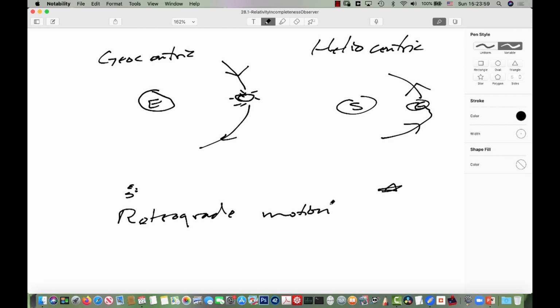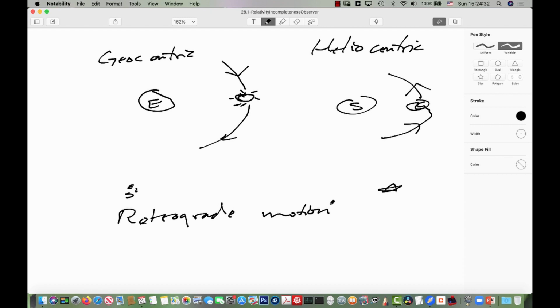Over the course of a night, it'll rise on our eastern horizon, set on our western, but its position against the distant stars usually moves more eastward every night, except when it undergoes retrograde motion. When it undergoes retrograde motion, for a couple of weeks or so, the planet suddenly seems to be going westward against the distant stars instead of eastward.